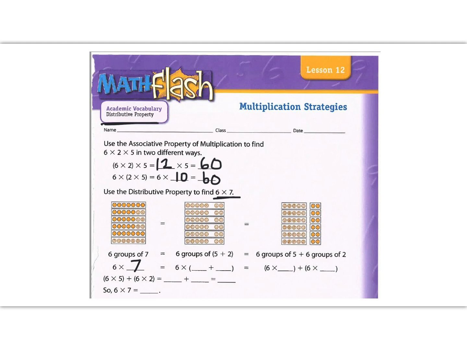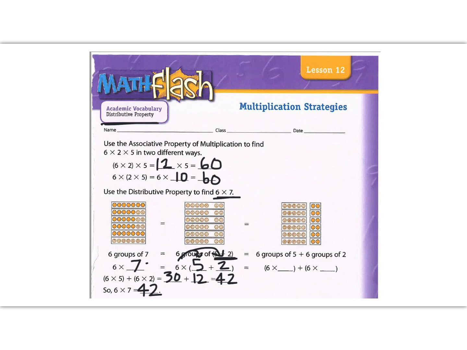Okay, well that's because they made 7 right here the same as 5 plus 2. So then you would do 6 times 5. You would distribute that. 6 times 5 is 30 plus 6 times 2, which is 12, which equals 42. So 6 times 7 is 42.